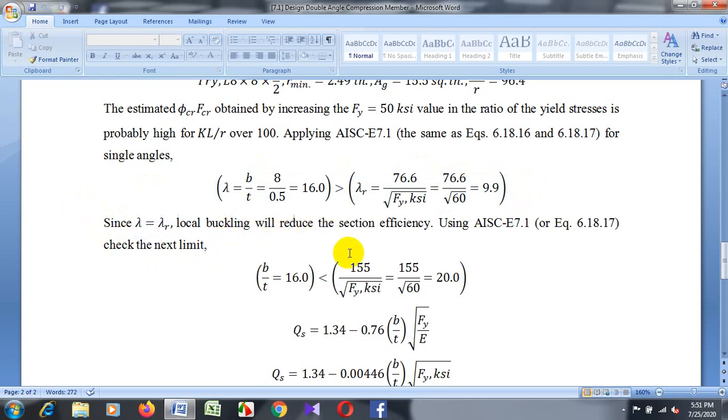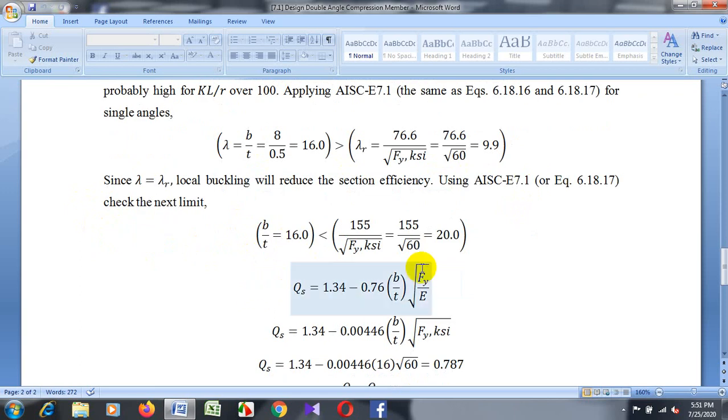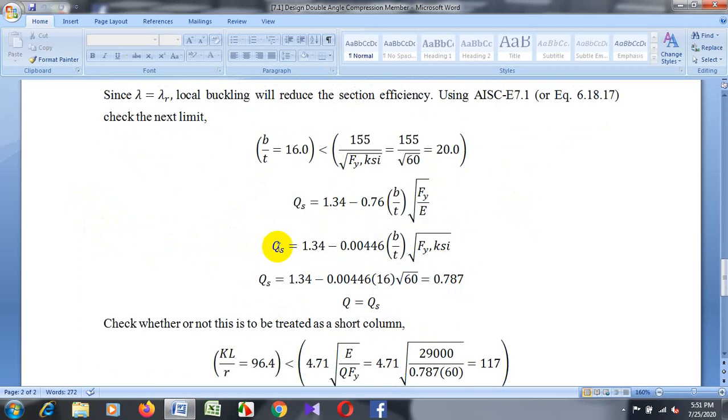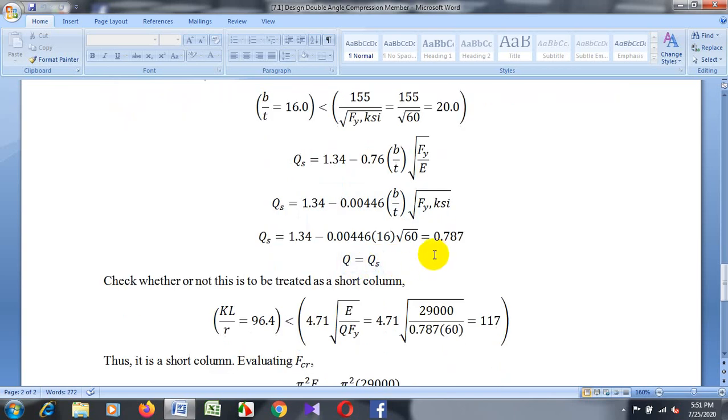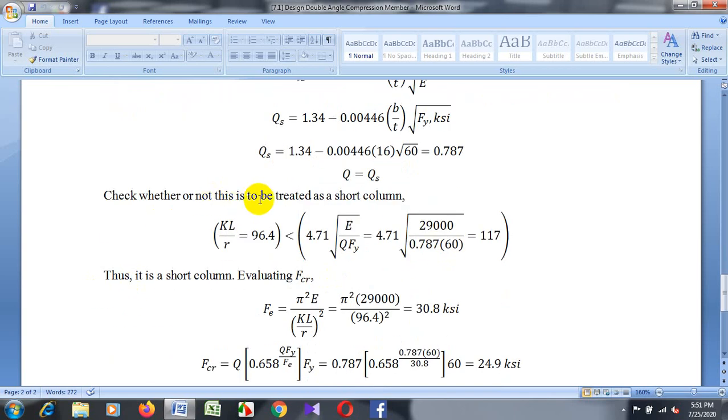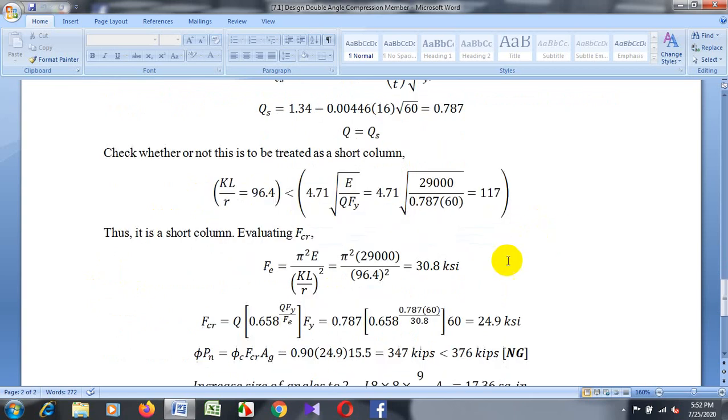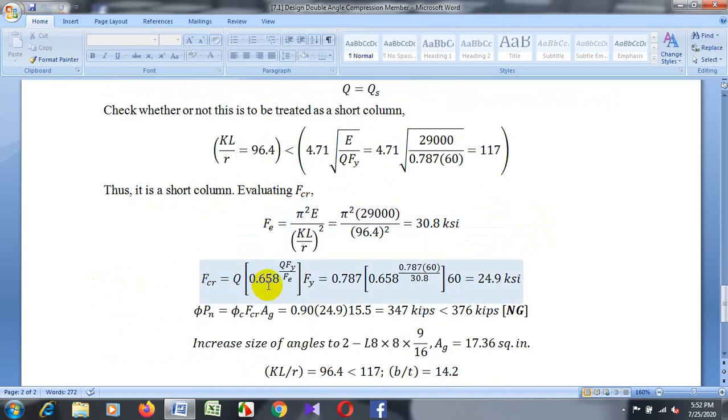Now check equation AISC 7.1. This value is okay, and finally find the factor Qs. Just input this value and get Q equal to Qs, and check whether or not this is to be treated as a short column. These are the conditions of a short column. This condition is okay. Thus for a short column, evaluating Fcr, this is the Fe, and Fcr is a function of Fe.